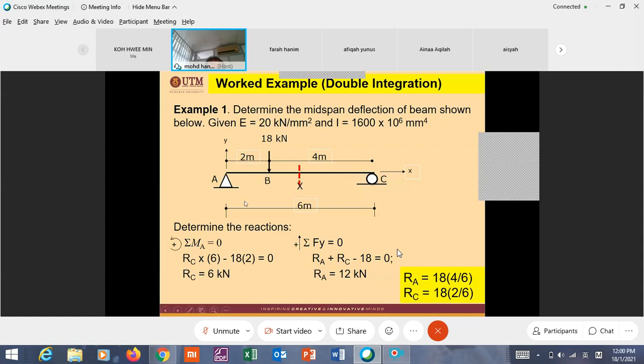When you are here, the moment equation is equal to RA multiplied by X. But when you are between B and C, the moment equation is equal to RA X minus 18. So you have two different equations. When you have two different equations, how to interpret? Cannot.